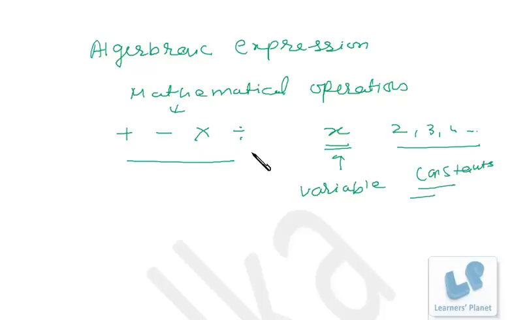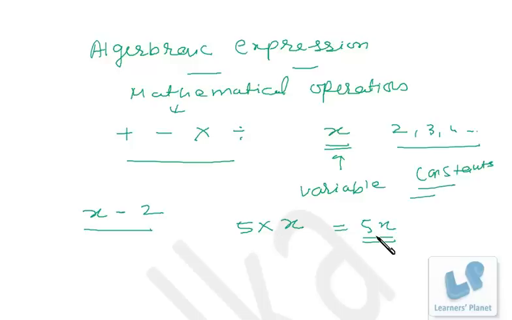We call that an algebraic expression, right? Suppose I have one variable, one constant, and they are connected by a mathematical or arithmetic operation, that is x plus 2. So this is an algebraic expression. Similarly, I have a constant, a variable, and they are connected by a multiplication sign, so that is 5x.